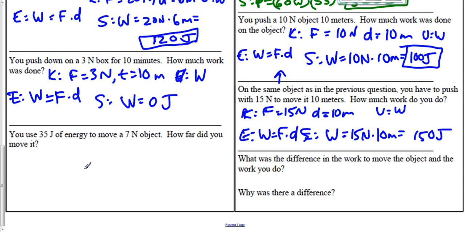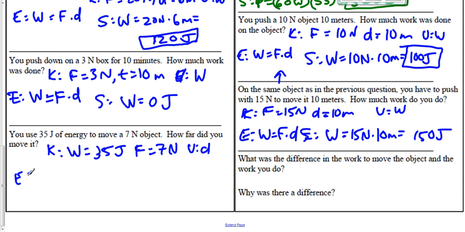Okay, next one. We want to figure out the distance this time. So we do 35 joules of work to move a 7 Newton object. So the force is 7 newtons. And our unknown is distance.